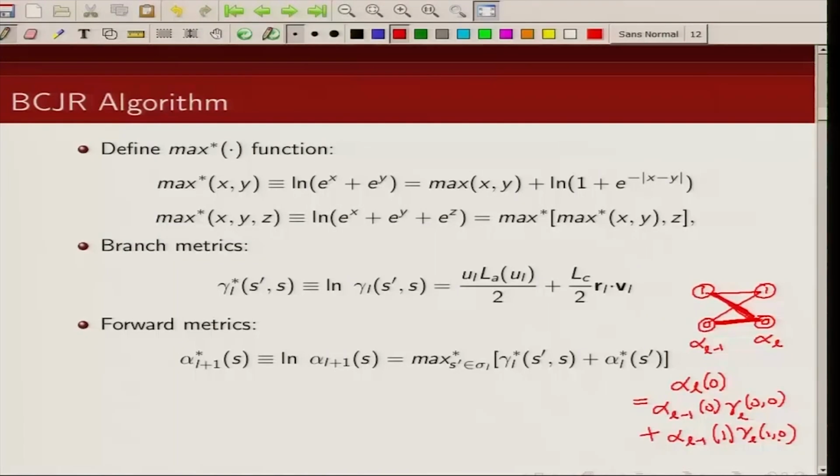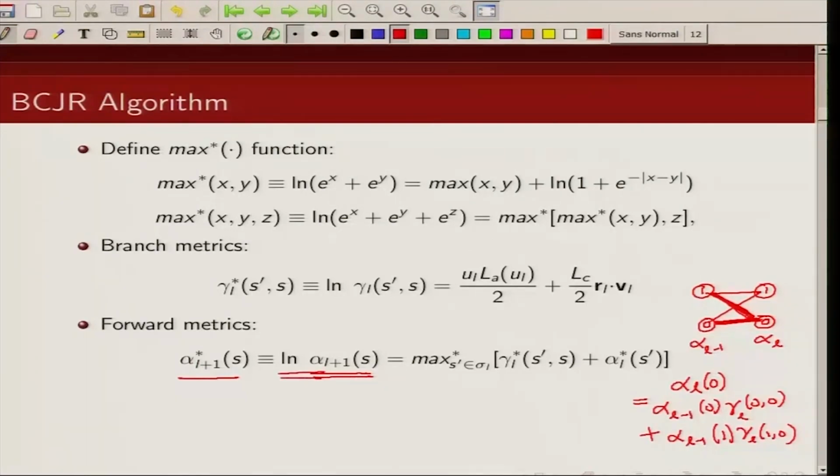So if you recall, we had terms of the form summation of alpha L minus 1 times some gamma. Now if we take log of that, we are defining a new operator, alpha star, which is the log of these alphas.